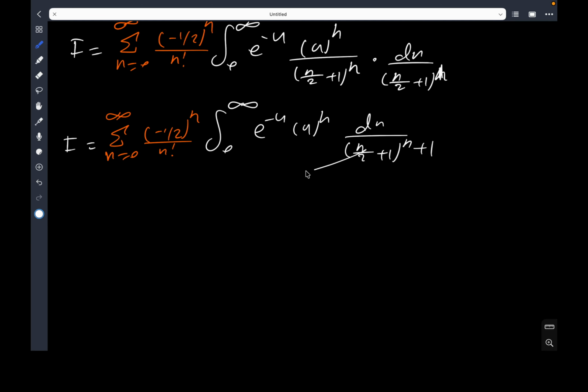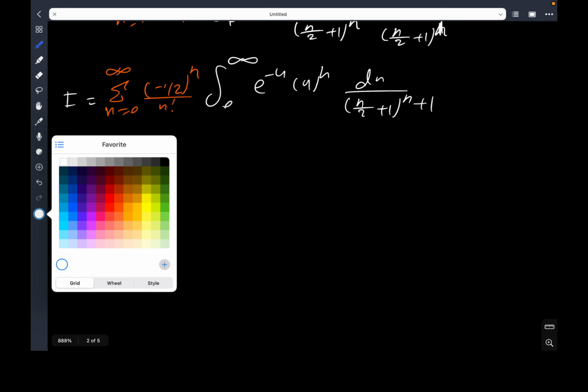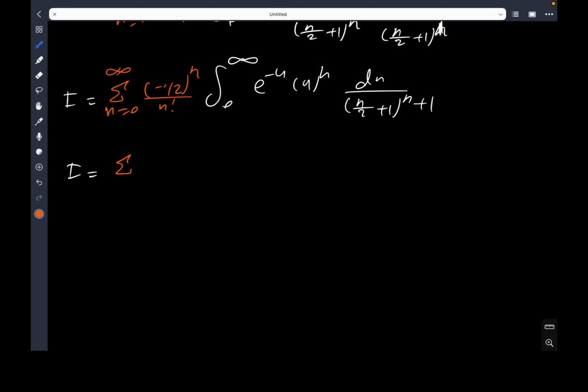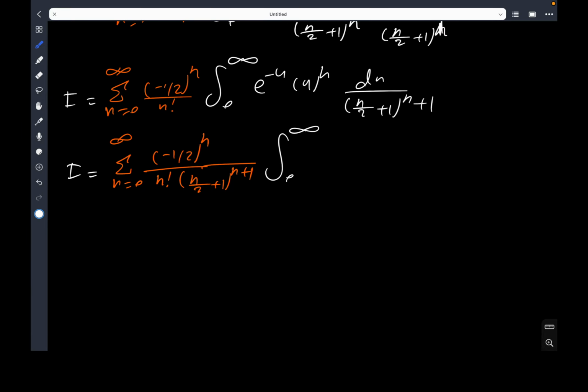And I can move this thing outward here, thus my I is going to be, again, this boring infinite sum from 0 to infinity, multiplied by my integral from 0 to infinity of e to the negative u, u to the n du.